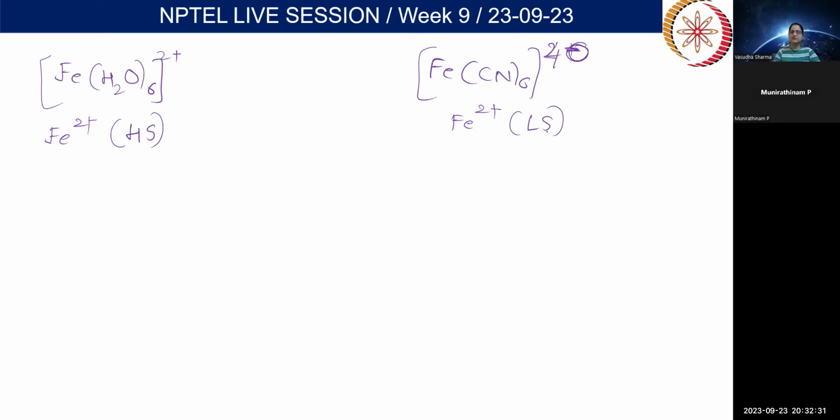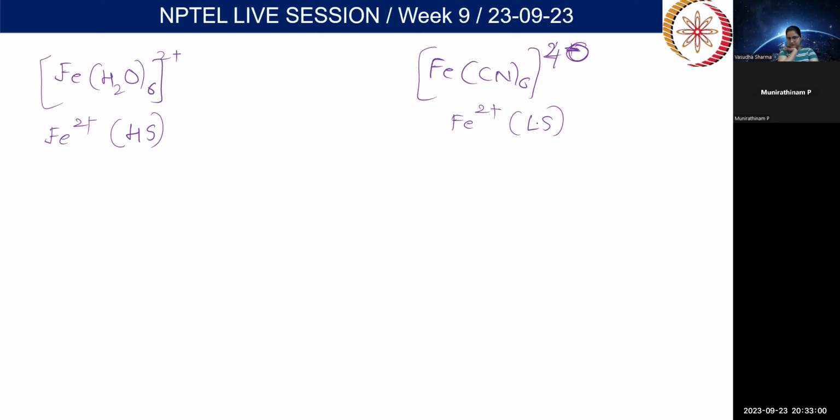Clear, ma'am. Which one is going to have more negative delta value, more towards the left side, as per what we studied? Fe2+ high spin goes to more negative, ma'am. Think about it again. Which one has fewer d electrons?